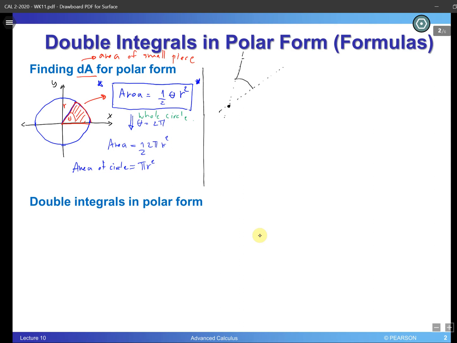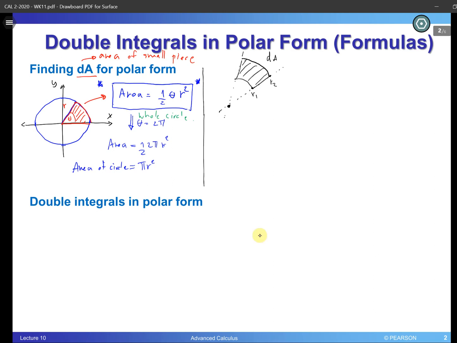The area of this is going to be dA. Now I want to find the area of this, and I want to make use of this formula. So I'm going to do that by putting information into this piece. Let's assume that this point right here is when the radius is equal to r1, and this point right here is when the radius is equal to r2. From the look of this, you know right away that this r2 has to be greater than r1.